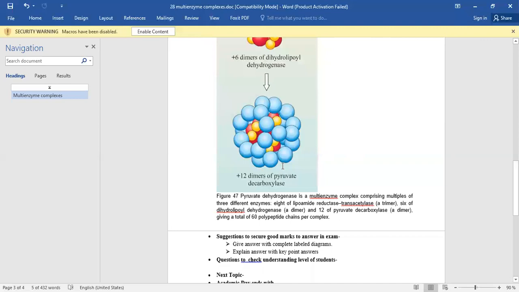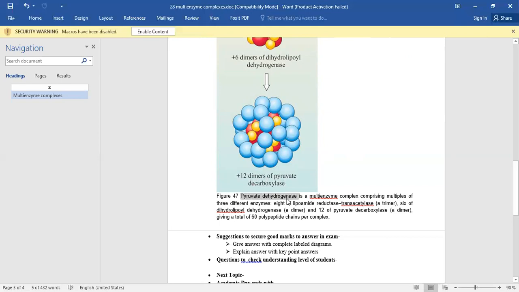And the next is six dimers of dihydrolipoyl, which will mix together with 12 dimers of pyruvate decarboxylase, and then these three will mix together and form a complex that is known as the pyruvate dehydrogenase complex.